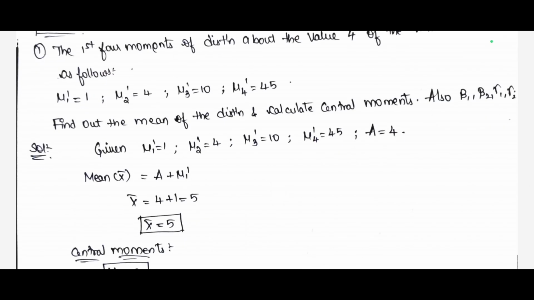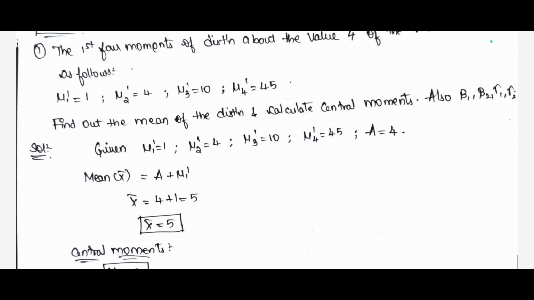So mean x bar is equal to a plus mu1 dash. So x bar equals a plus mu1 dash is the formula. So what is a plus mu1 dash?